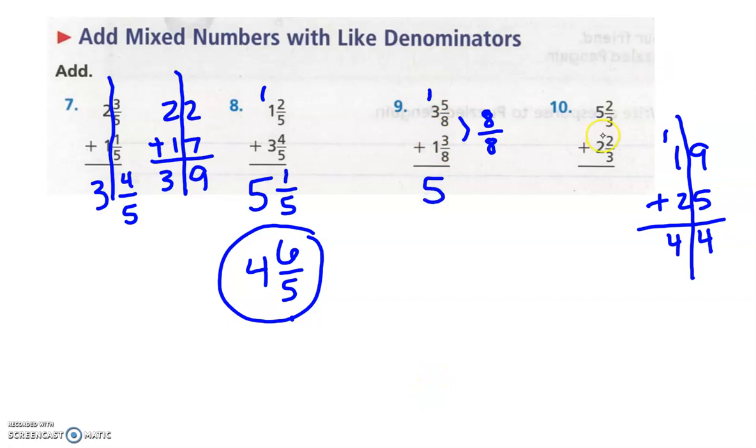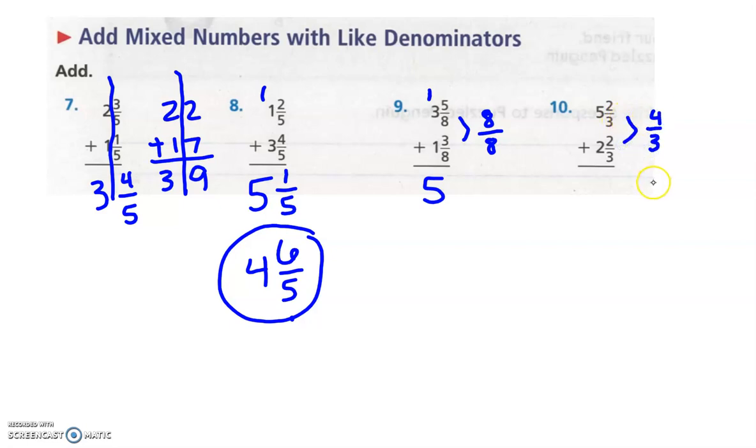And then for number 10, this is going to be another one where I need to carry something. And just as a reminder first, 2/3 and 2/3 actually equals 4/3. I'm going to try to change that into a mixed number. So 3 goes into 4 1 time.